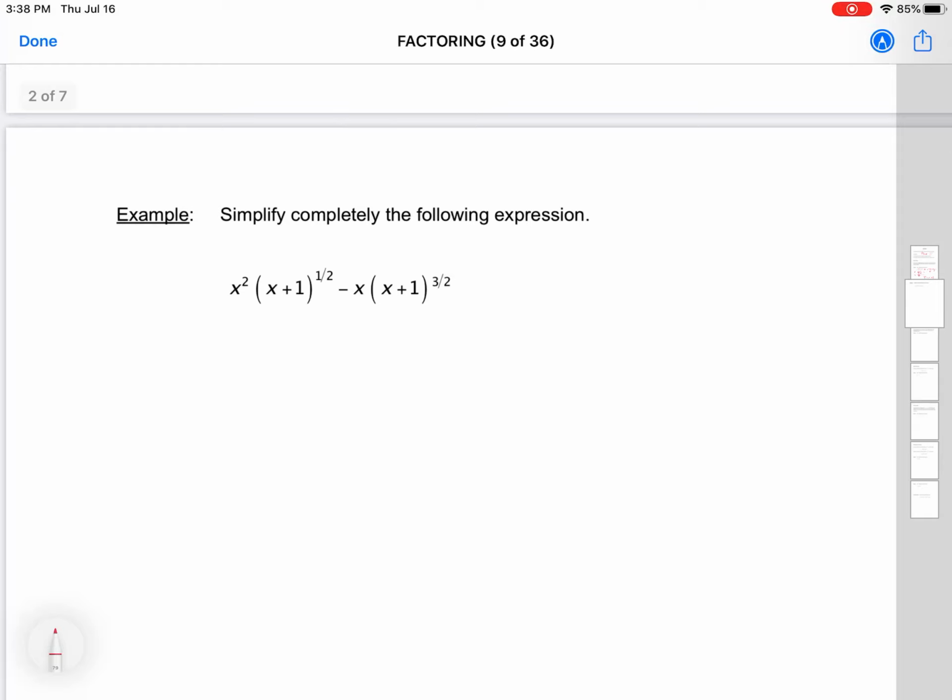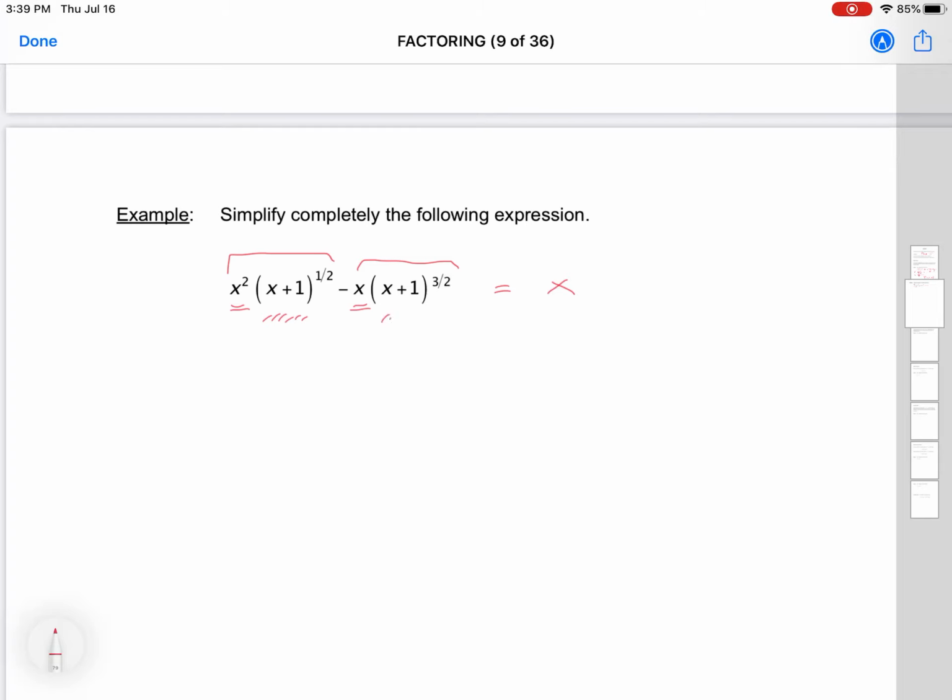Okay, here's another one that we're going to meet also in calculus. We want to factor out whatever is common between this half and this half, which are separated by a negative sign. So I can see here an x squared and an x to the 1, so I'm going to pull out an x to the 1.